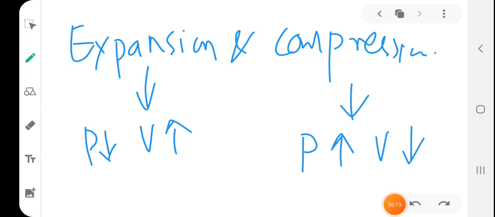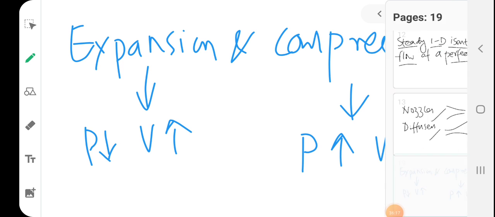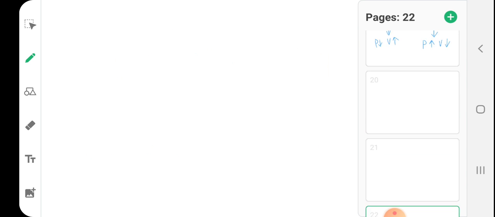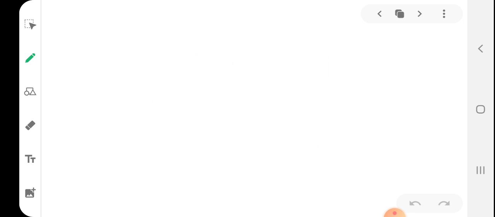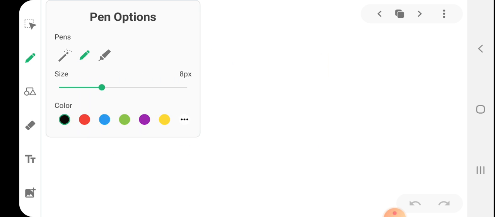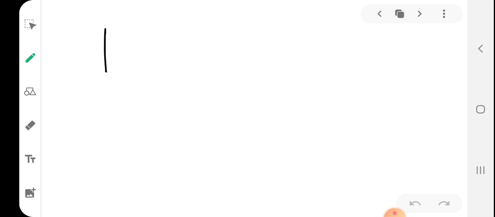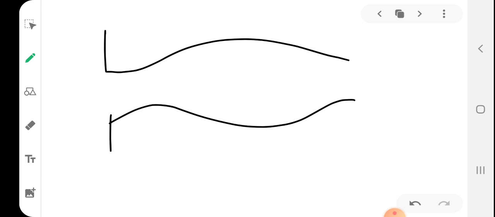So I will show you the expansion and compression process in HS diagram. Suppose we have a flow. So this is the reservoir.